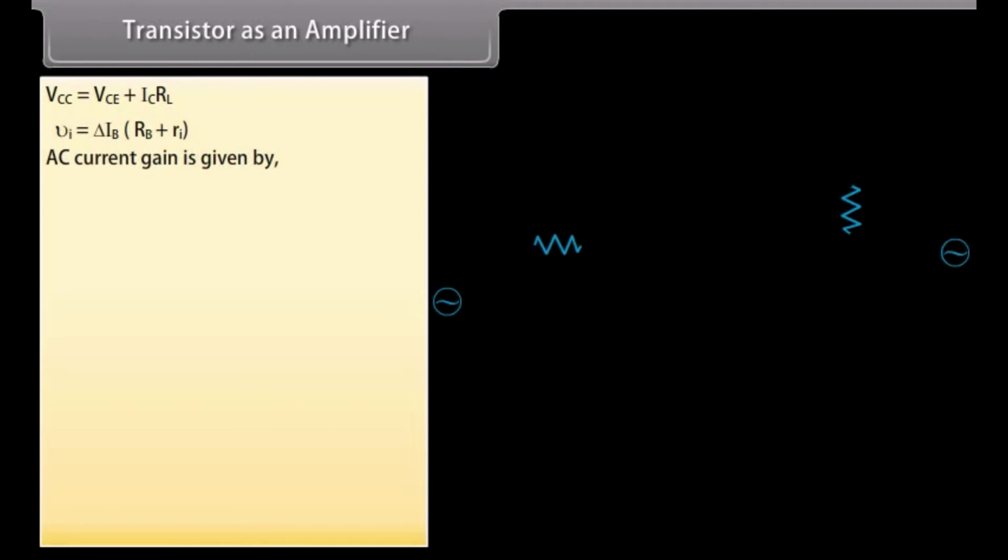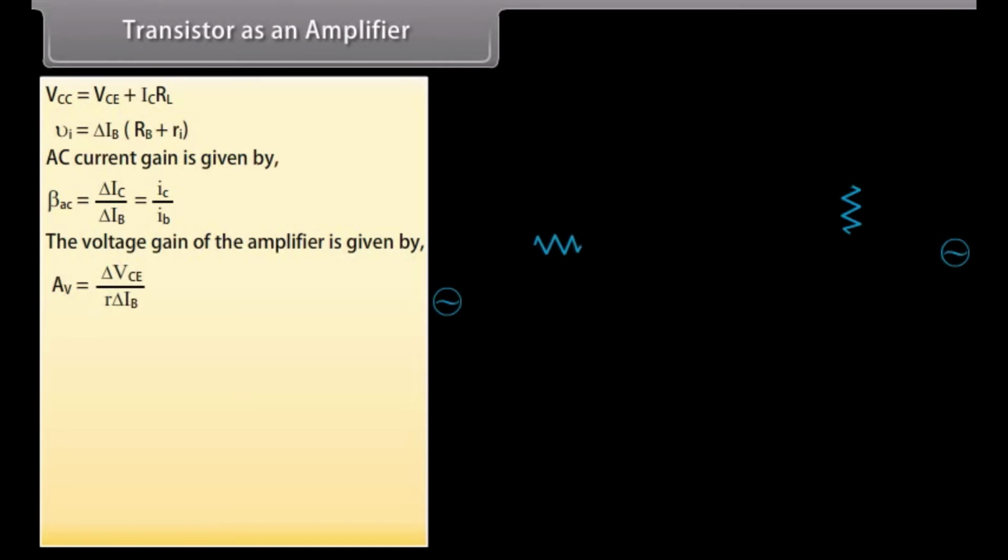AC current gain is given by beta AC is equal to delta IC upon delta IB. The voltage gain of the amplifier is given by AV is equal to delta VCE upon RI delta IB, or it can be written as AV is equal to minus beta AC RL upon RI.